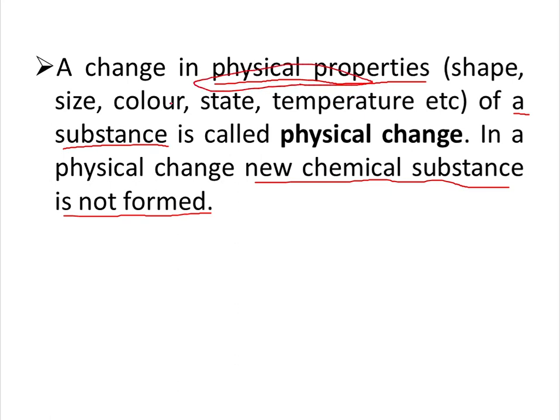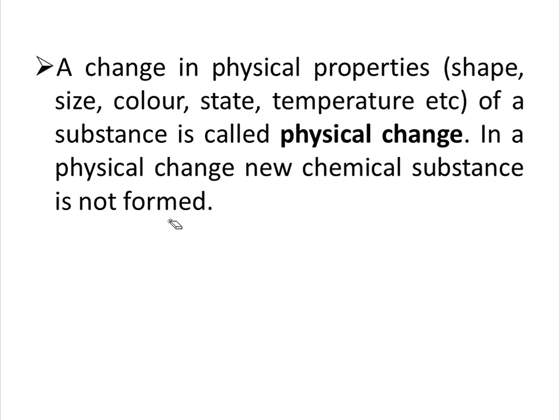And whose physical property changes? Of a substance. And second important thing is new chemical substance is not formed. Now let's see what are the physical properties. The physical properties are shape, size, color, state and temperature, right? These are the physical properties.